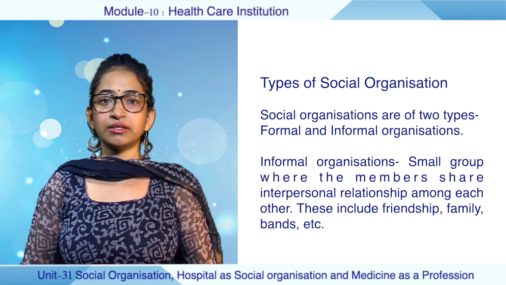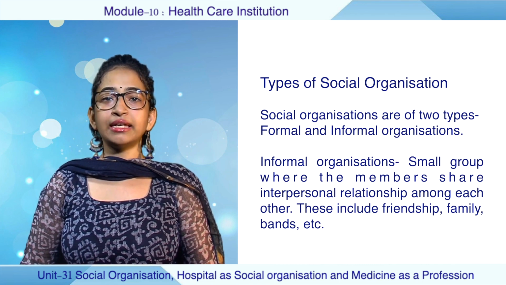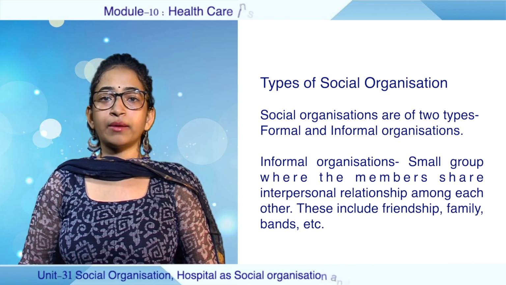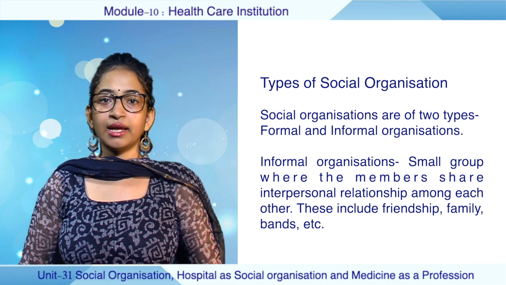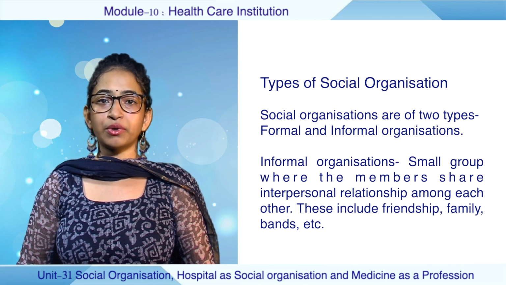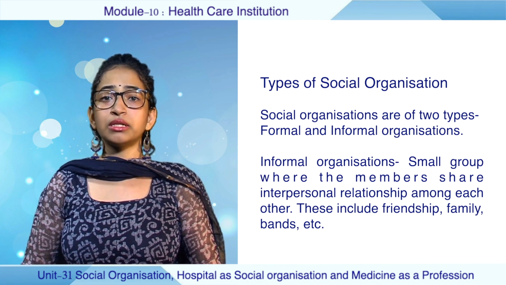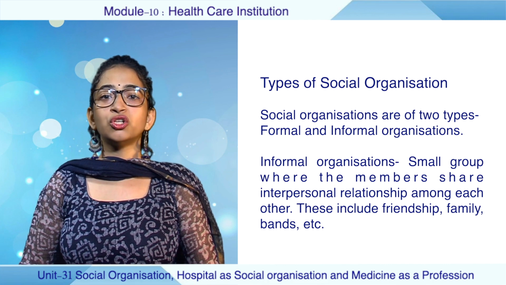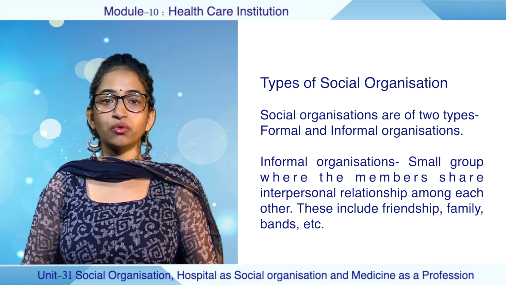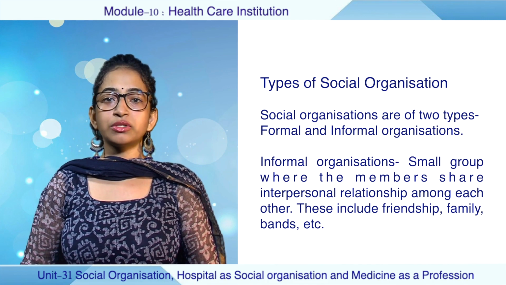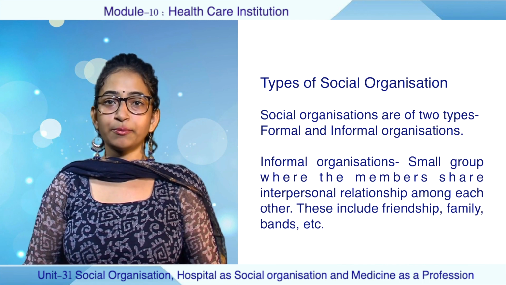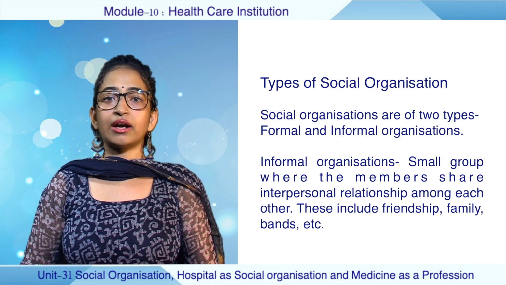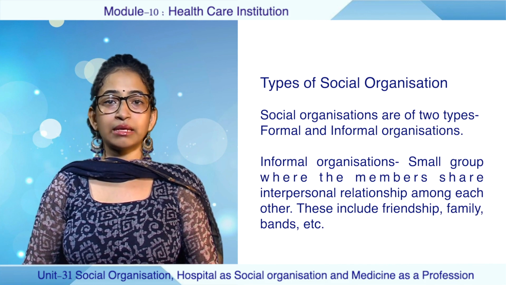Informal organizations are defined as small groups where the members share interpersonal relationships with each other. The interaction between the members is in informal ways without adhering to any strict norms or rules of behavior. Members of such organizations share companionship with each other and there are no assigned statuses to any member.